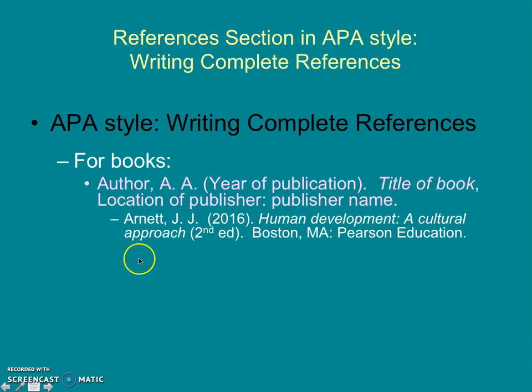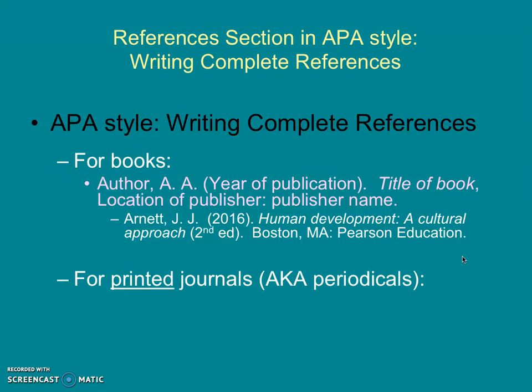This is not, nor is this. It's a very strange thing that they do in APA style with titles, that they only capitalize the first part. Then Boston, comma, Massachusetts, and then this part here, colon, and then Pearson Education's the publisher, followed by a period. It's very detailed where the periods go, where the commas go, where everything goes, and APA style dictates all of that.